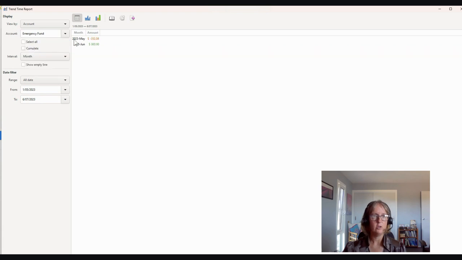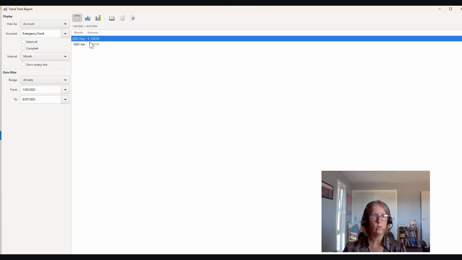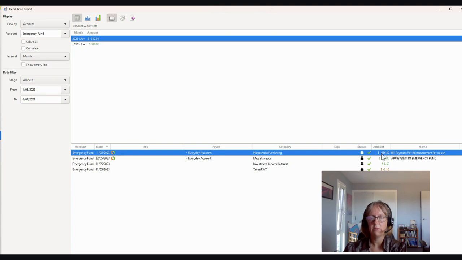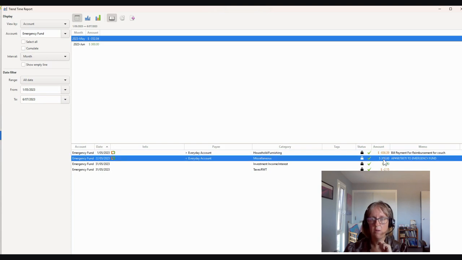In their emergency fund, they went down by $352. When you click again on the little book, you can see, remember they bought a couch in May. So they took money out of their emergency fund to pay for the couch, but then they put $300 back in as part of their regular savings.